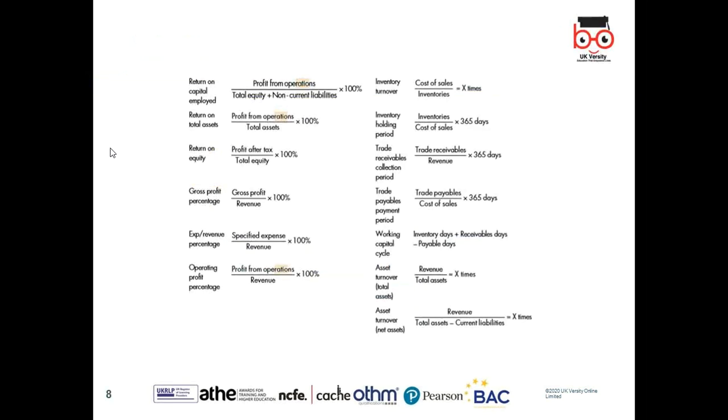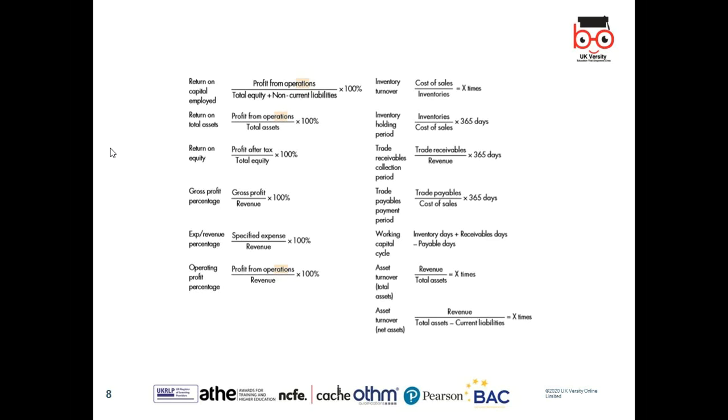So what comes under profitability? Return on capital employed: profit from operations divided by total equity, meaning your capital investment in the business, plus non-current liabilities, how much you owe, because that's also money you borrowed for investment in your business. Return on total assets: how much return you have on the total assets. Return on equity: equity means the share capital. Gross profit divided by revenue, which we can calculate and compare year by year.